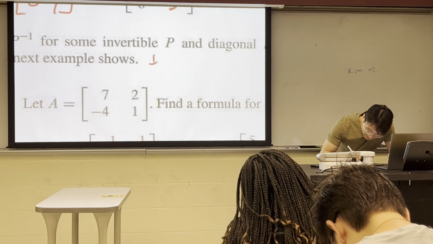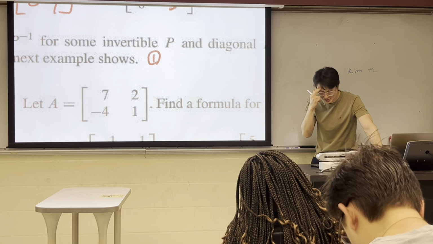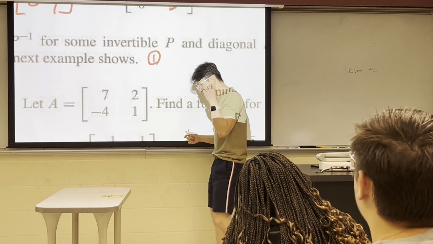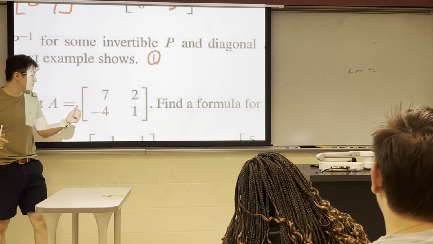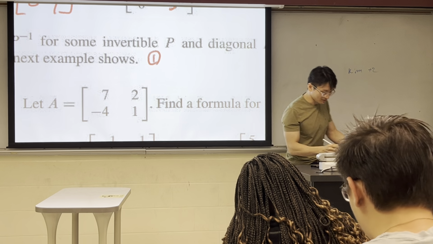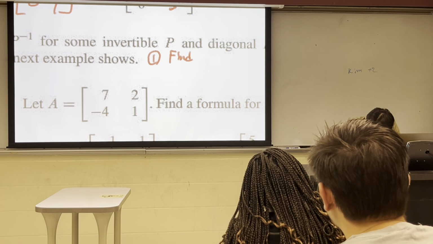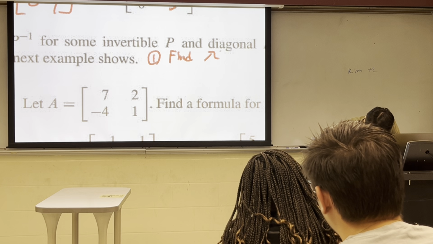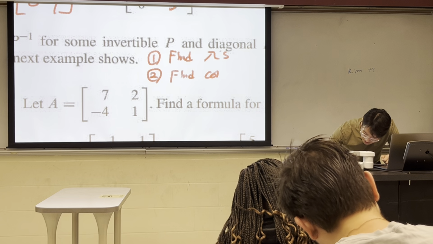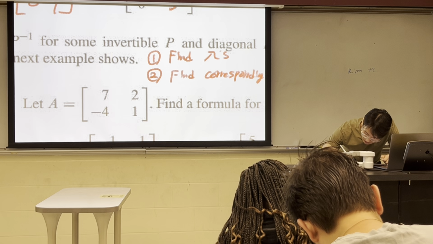First step. This is going to be an example. I may give you 2 by 2 instead of 3 by 3. I want to know if you know how to find eigenvalues and eigenvectors. So here: 1, find lambdas, the eigenvalues. 2, find the corresponding eigenvectors.